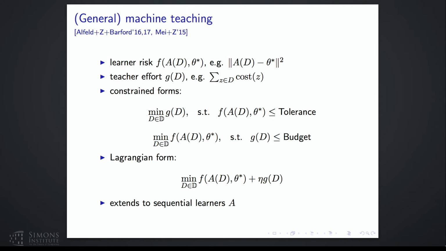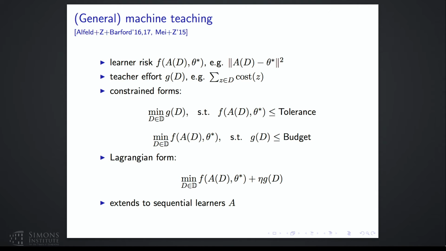Now, of course, you can generalize teaching dimension along at least two directions. One is to say we don't require that the student learn exactly theta star. You could define some notion of risk for the student, for example, the difference in parameter or difference in classification accuracy in the future, and so on. You could also generalize the notion of the cardinality of the training set. Instead, you could say every item comes with a different cost, so I'm just going to minimize the notion of cost.